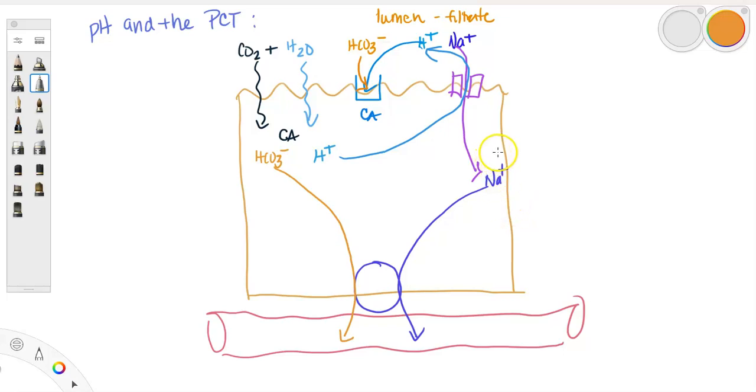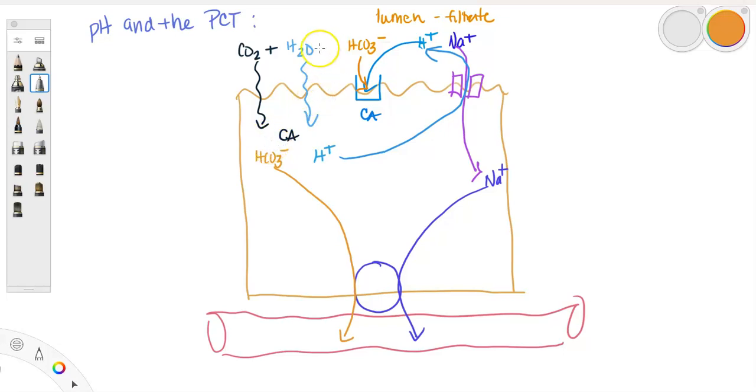So what effect does this have on pH? Well, bringing bicarbonate into the blood is making it more basic, right? And this keeps happening over and over and over. So we end up reabsorbing a ton of bicarbonate.